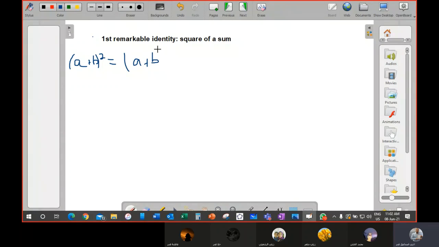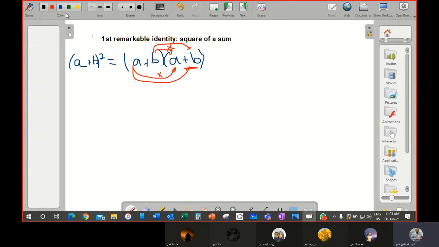A plus B times A plus B. And we know the rule of how to expand these from grade 7: multiply first by first, first by second, second by first, and second by second.